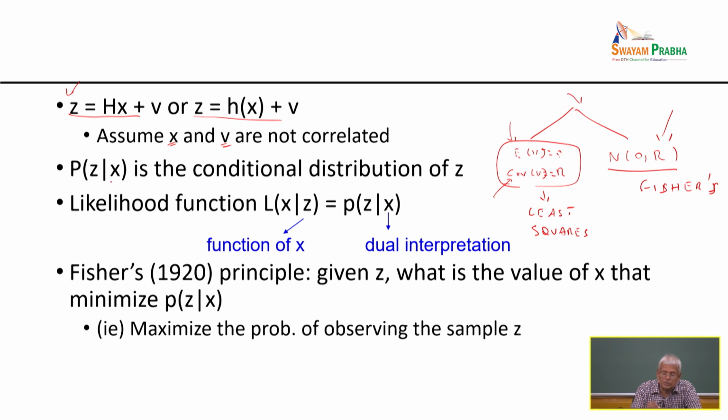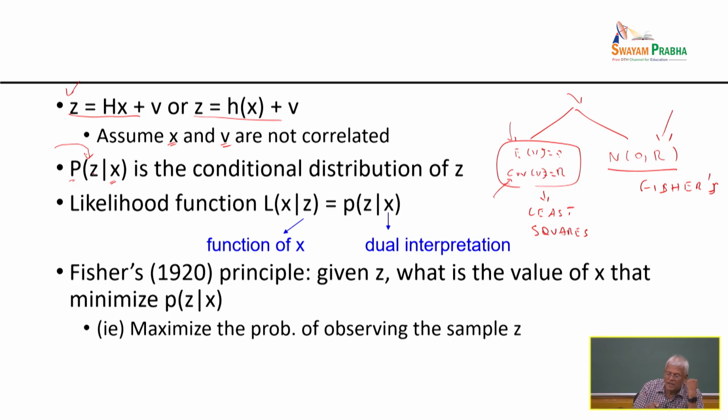X is the unknown constant, so given x, Mother Nature has picked x but she didn't tell us what it is. So, I know there is an x that is affecting the observation. So, given the unknown x, I am considering observations z which are normal, which are random. So, it has a probability density function or a probability distribution function.